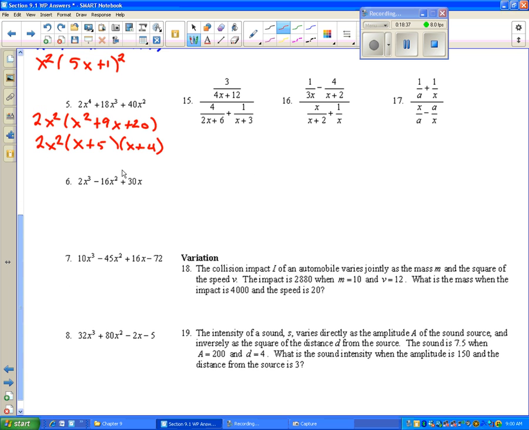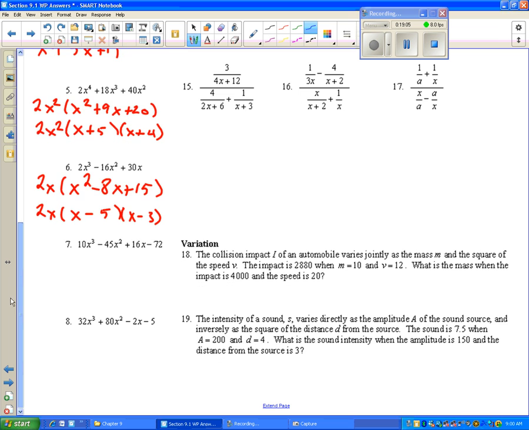Number 6, my greatest common factor of 2x cubed minus 16x squared plus 30x is 2x. That leaves me with x squared minus 8x plus 15. Again, what multiplies to be 15 and adds to be negative 8? That's going to be x minus 5 and x minus 3.